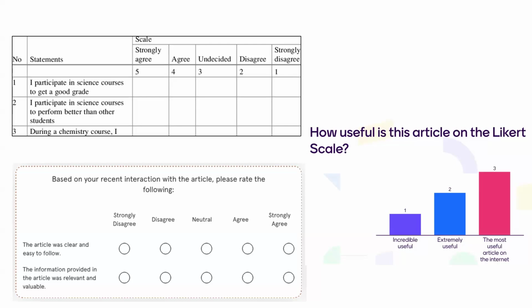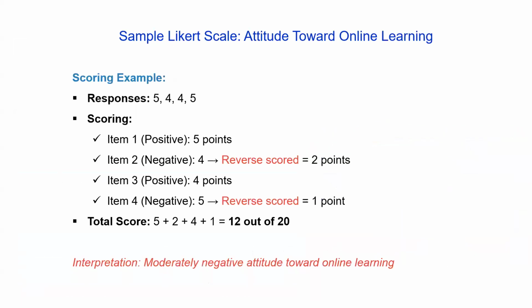Some may like online learning, some may like face-to-face learning. They have their rationales and justifications; those are their own opinions. We can't select for them. So for scoring responses, positive means 5 points.